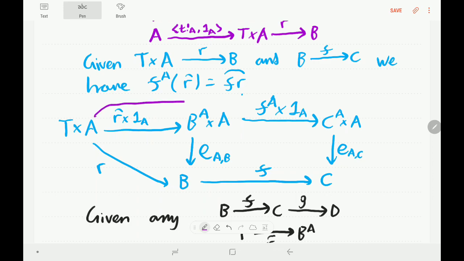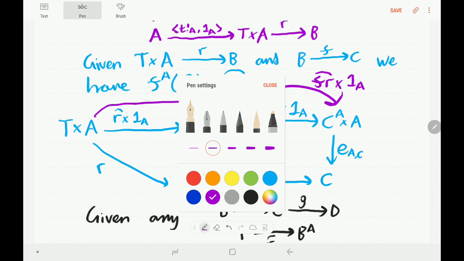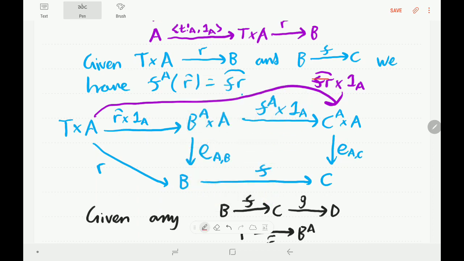But we could also draw this arrow like this and then say, well, this arrow must be f R transpose times 1 A, because we can draw this arrow as having the property that when we evaluate after this we get f of R, and we see that composing these blue arrows has just that property, and there can only be one thing that if we times it by 1 makes an arrow like that. So that means f R transpose is f to the A after R transpose. That's what we wanted.